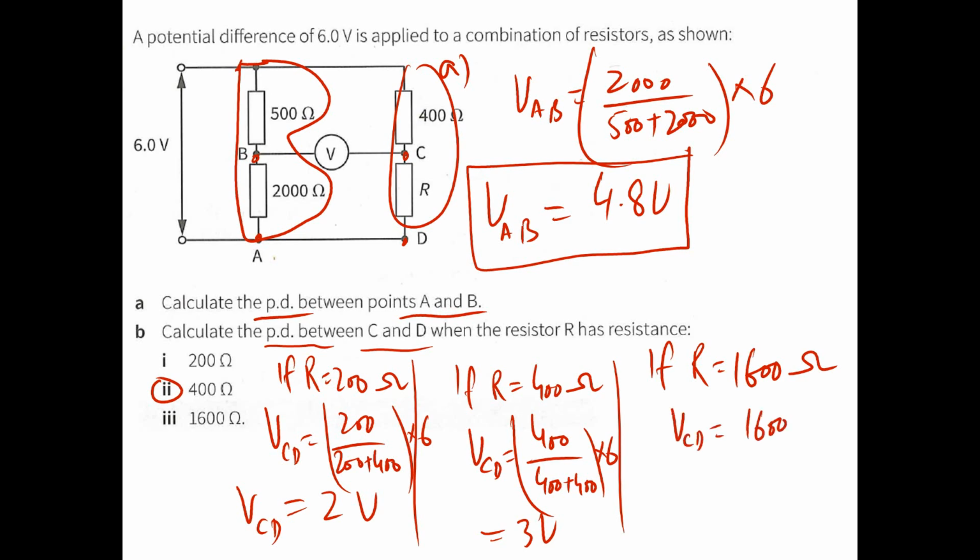We have 1600 divided by 1600 plus 400, multiplied by the voltage of the power supply, which is 6. Plug the values into a calculator and you will get the answer: 4.8 volts.